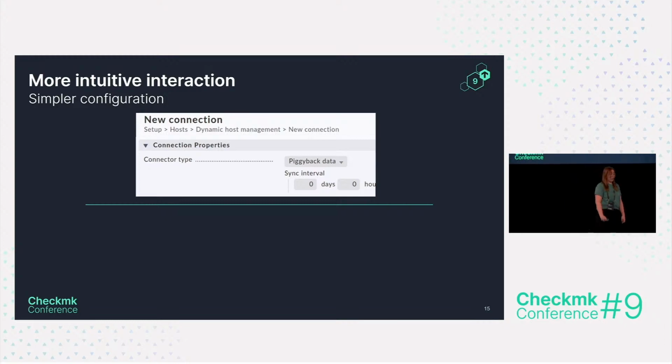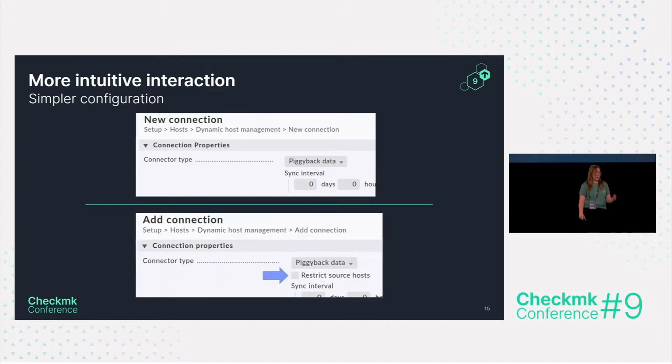Before, this was hidden under the Show More, making it quite hard to correctly set up the DCD. But we moved it now out of there and right below the connector type selector, so it's now always visible and it's easier for you to set up a piggyback connection.